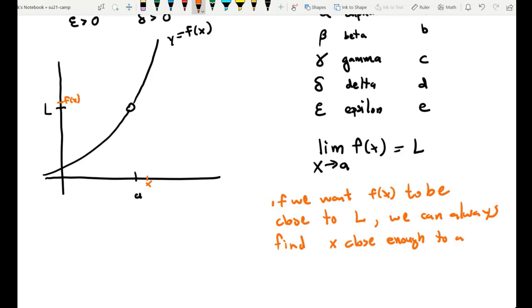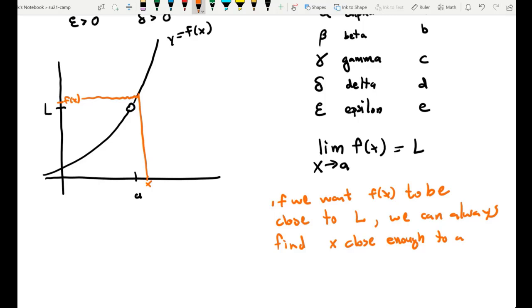So if you want f of x to be like a centimeter away from your limit, you can always find some x value close to A, such that if you plug that x value into your function, your f of x will be within the target range, close enough to L. Okay.